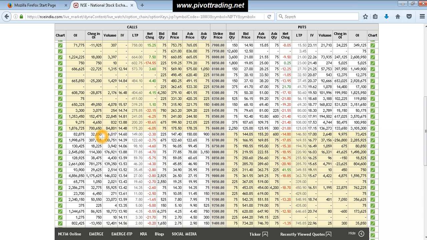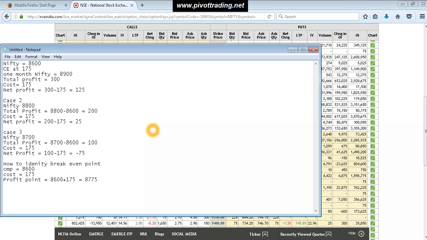So the premium that you receive, 175 rupees, is your full profit. If Nifty ends below 8600, whatever premium you received is your full profit. But if Nifty goes a little above 8600, then your profit will not be equivalent to the initial premium amount that you took. Now let me show you with the help of an example.